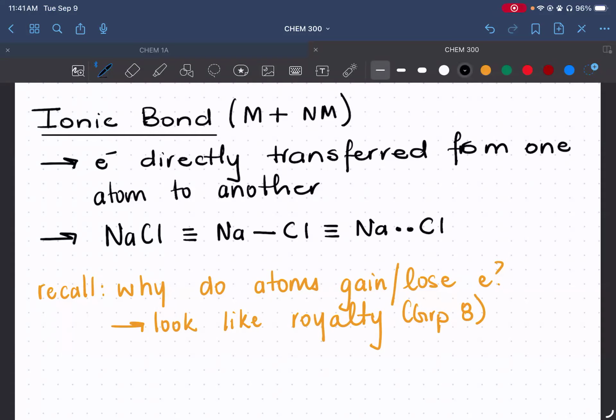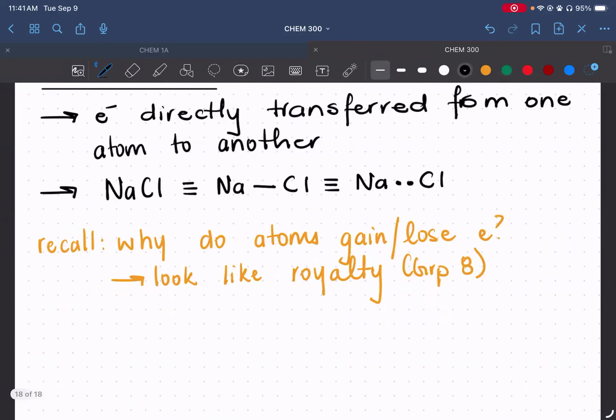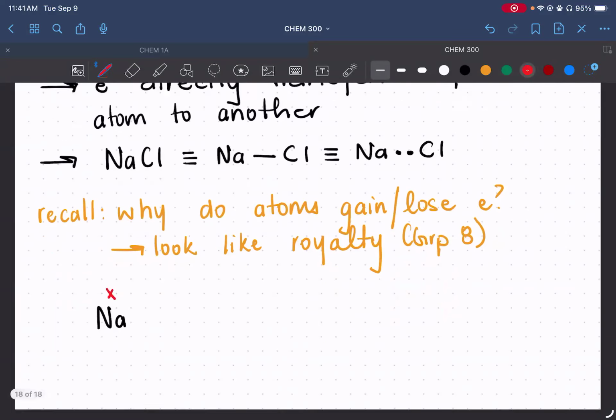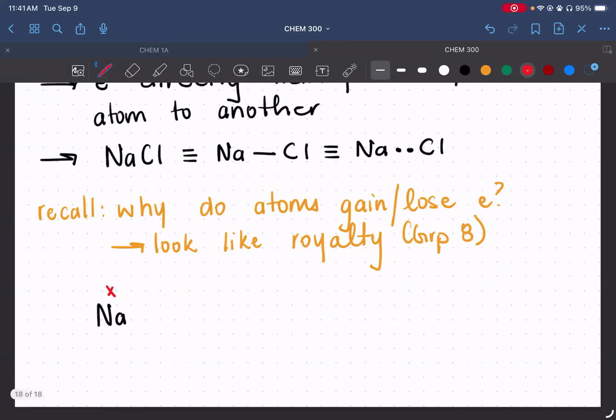Well, going back to the example of sodium and chlorine, sodium is in group 1. So it has one valence electron, here just represented with an X. Chlorine is in group 17. So it has 7 valence electrons, here represented with the dots. What we have happening is that the sodium gives up its electron and the chlorine takes it.